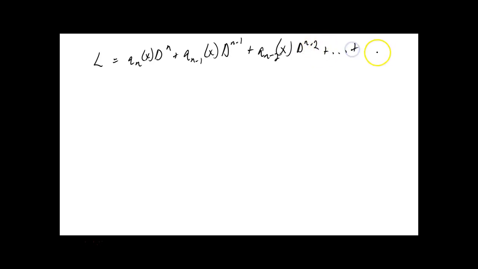And by the way, that L usually stands for linear, and that's going to be a sub n of x d to the n plus a sub n minus 1 of x d to the n minus 1 plus a sub n minus 2 of x d to the n minus 2 plus dot dot dot all the way down to a sub 3 of x d3 plus a sub 2 of x d2 plus a sub 1 of x d, just d, you don't have to put a 1 there, plus a sub 0 of x. Okay?